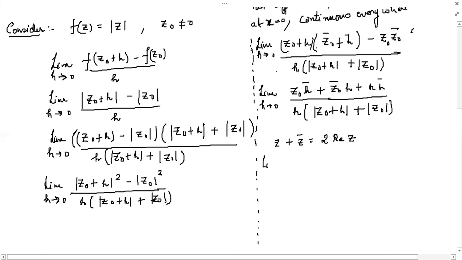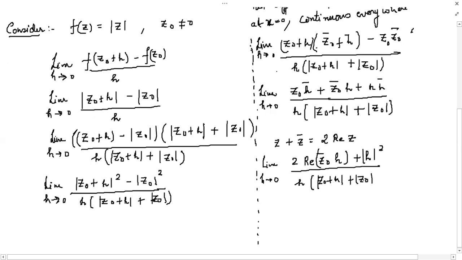So the first bracket you can see will be 2 times the real part of z naught bar into h, plus h mod whole square, divided by h, and you have modulus of z naught plus h plus modulus of z naught.